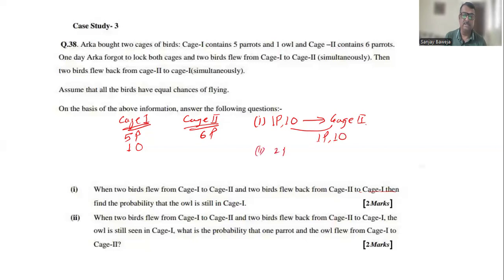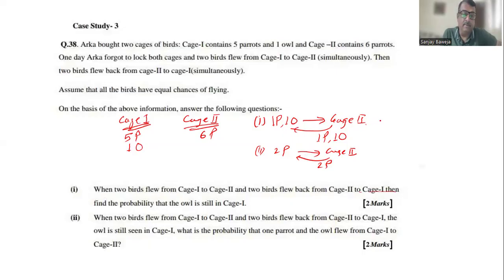The second case is that 2 parrots flew from cage 1 to cage 2. Then cage 2 will have 8 parrots, so 2 parrots will come back from that. So in any case, 1 owl will be there when you see them finally, right?